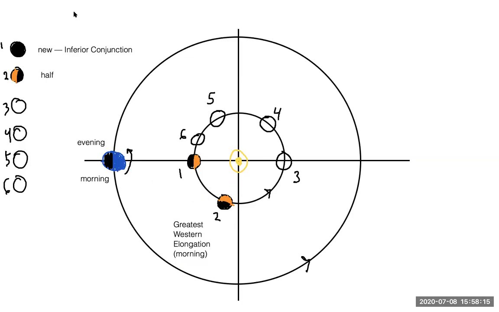3, of course, is going to be illuminated directly. So 3 is going to be illuminated directly by the sun. And from Earth, 3 is going to be directly seen face on. So it's going to look something like this, where half of it that's being illuminated is directly being faced by Earth.